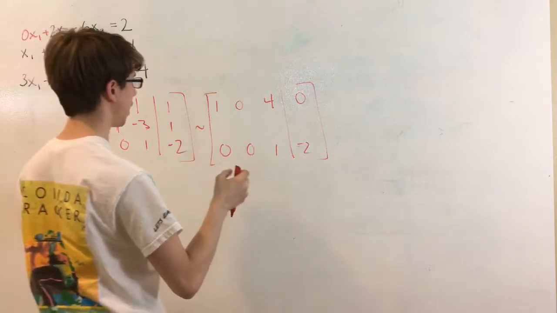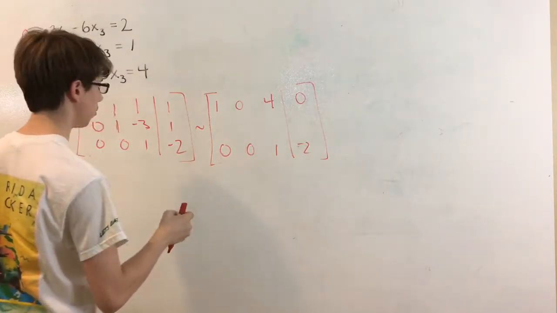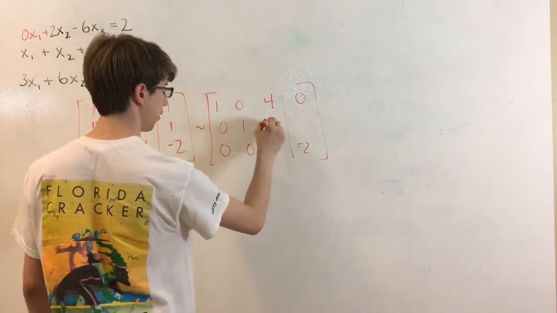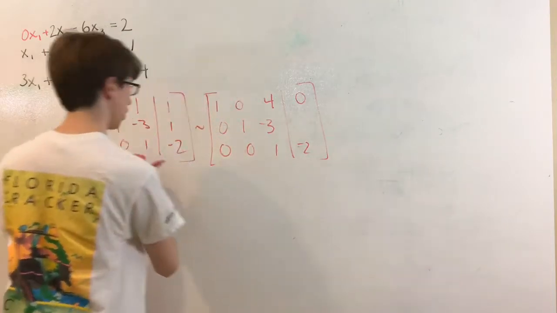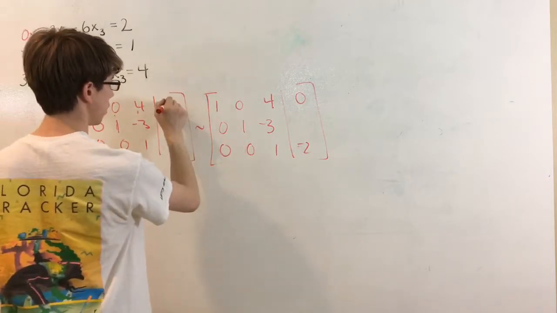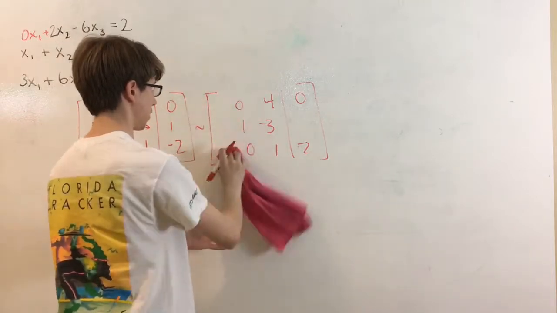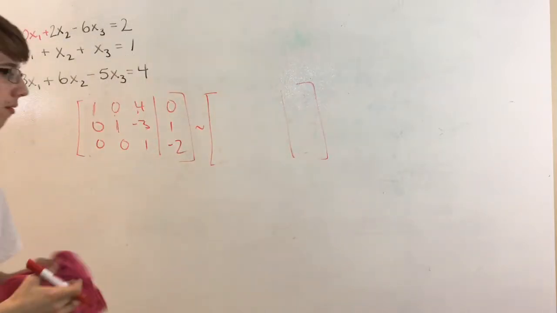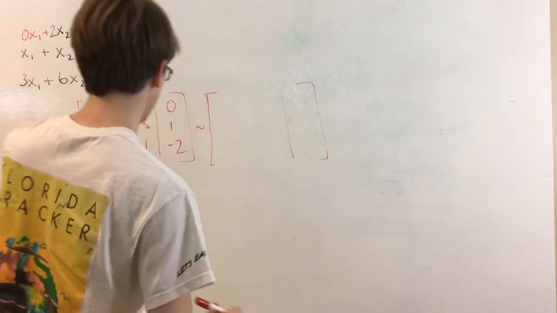We can't do that. So let's just move this over here, so we get 0, 4, 0. This will be easier to take care of. Let's do it step by step, all right?